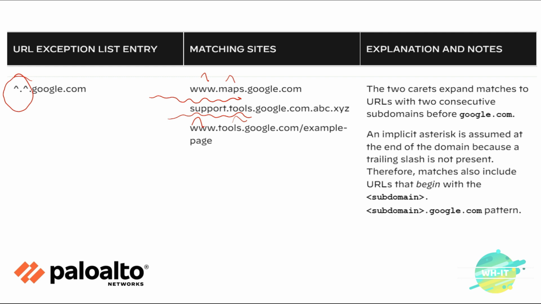So you cannot have a third caret in here, right? And it cannot be just one caret only, because when you are defining some matching criteria, your URL should be matching as per that. Same like www.tools.google.com. So that is how you can use carets to match a specific URL.